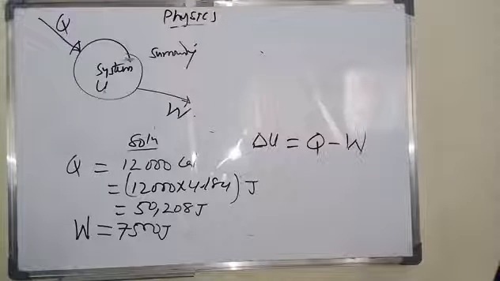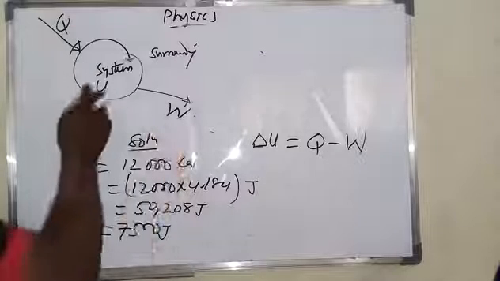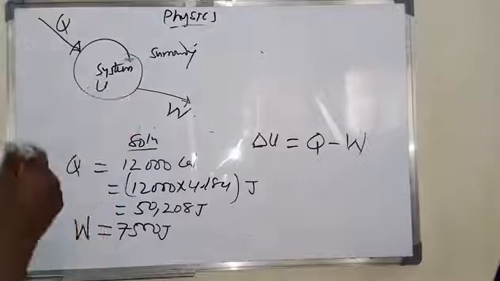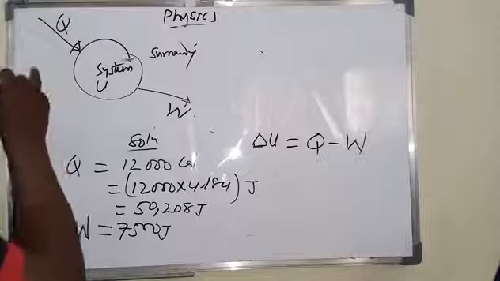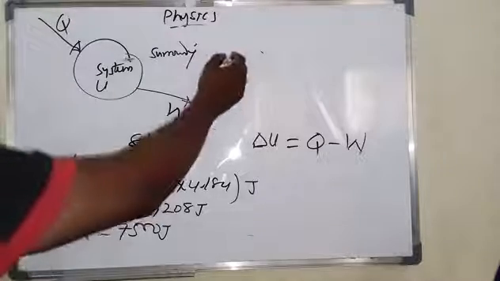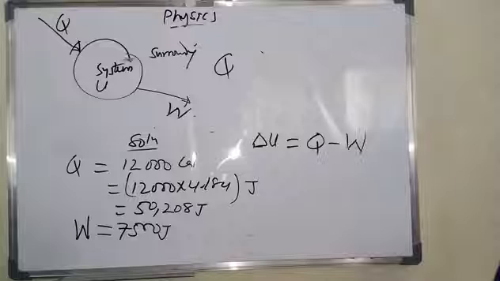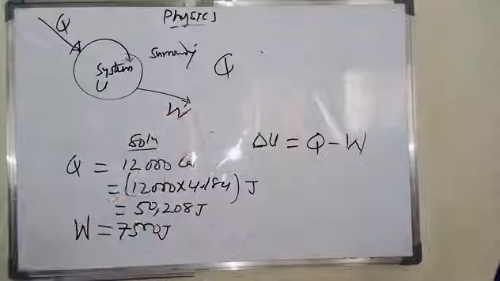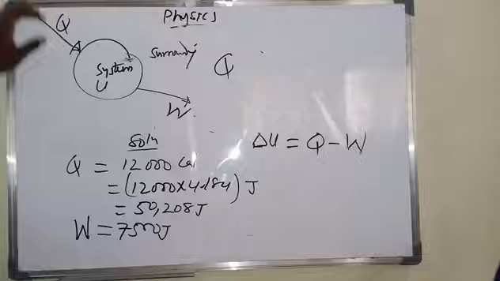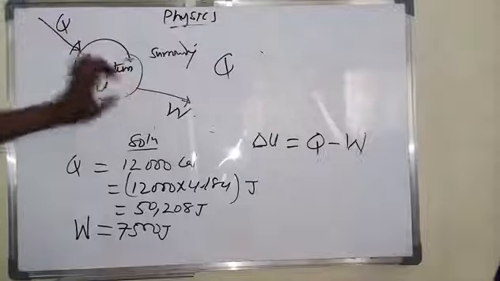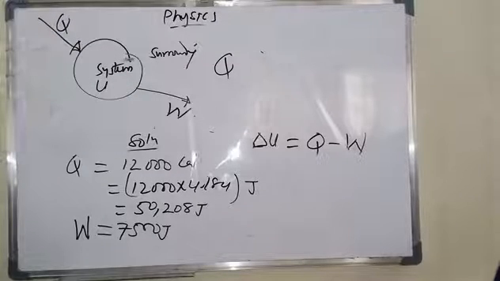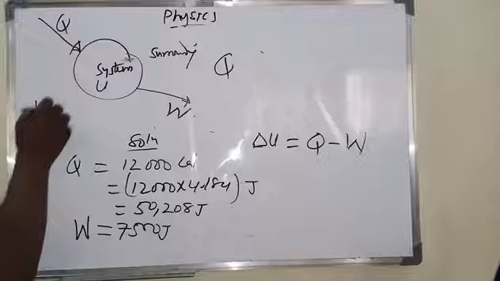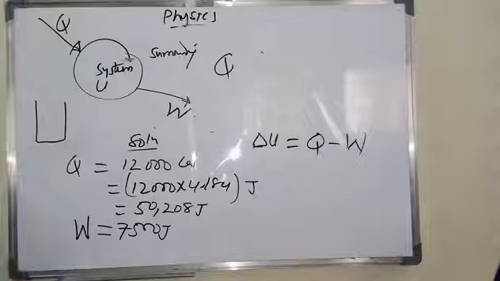It will be simple by simple energy balance. If you want to do energy balance, we will say Q enters the system, then work leaves it. So the difference between what enters and what leaves should be what is inside the system. It is like you have a bucket of water.